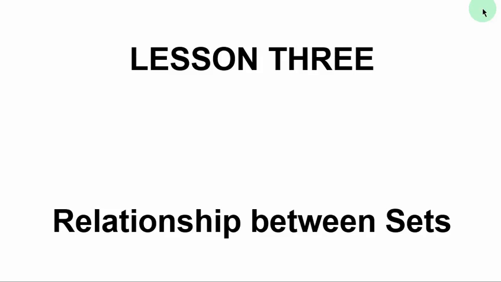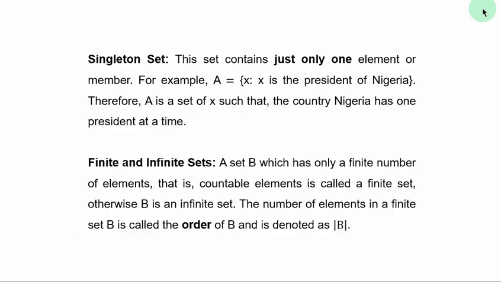Lesson 3, relationship between sets. The first one is singleton set. This set contains just one element or member. For example, set A equal to S, such that S is the president of Nigeria.